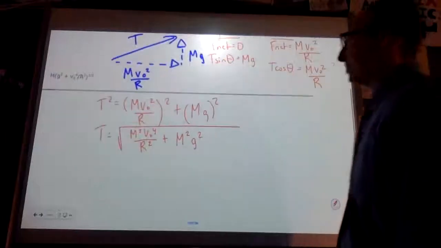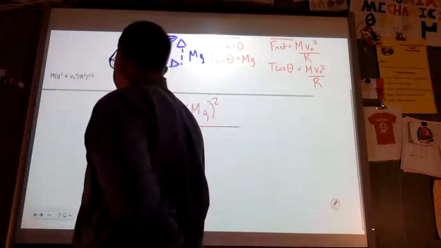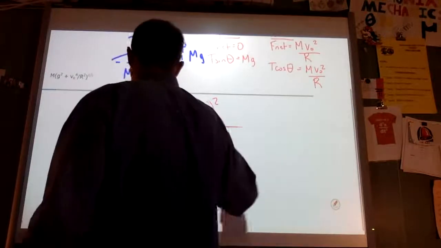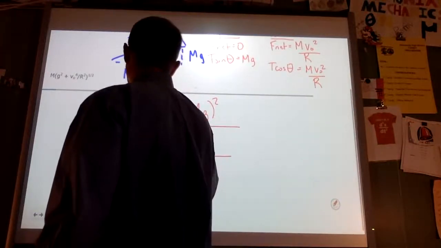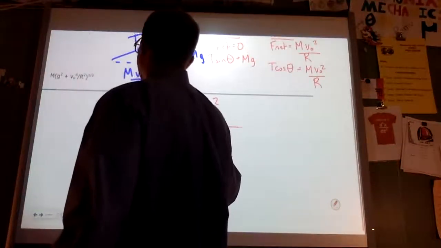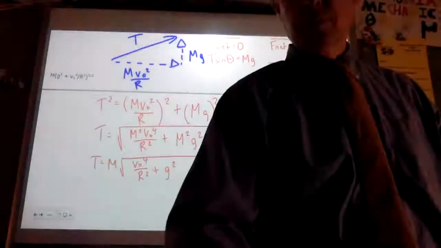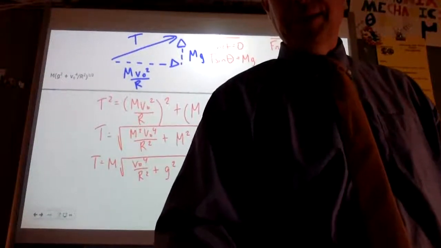And then it looks like I factored out an m, because both of these have an m, so I can take an m to the outside. And so this is v to the fourth over r squared plus g squared is our answer. That's a mess.